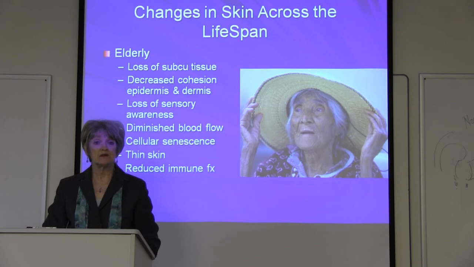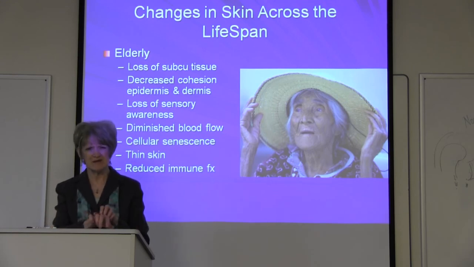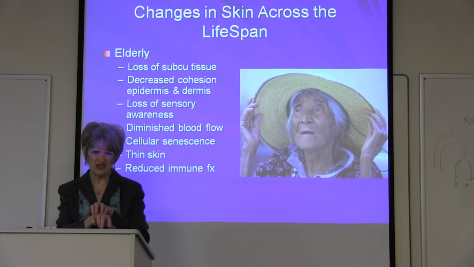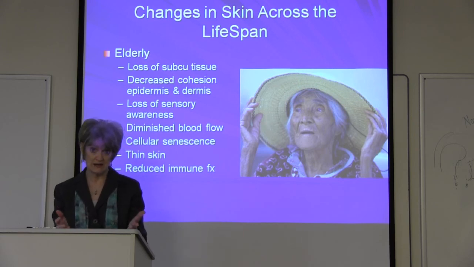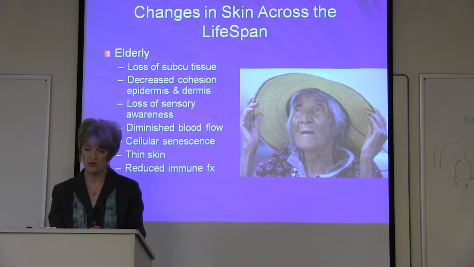Number four, we've just talked about reduced activity of the sebaceous glands. Well, we've known forever that the elderly have drier skin. We know that means that they're at increased risk for itching and scratching, and of course that makes them vulnerable to invasion by bacteria and other organisms. But go back to that brick and mortar configuration.